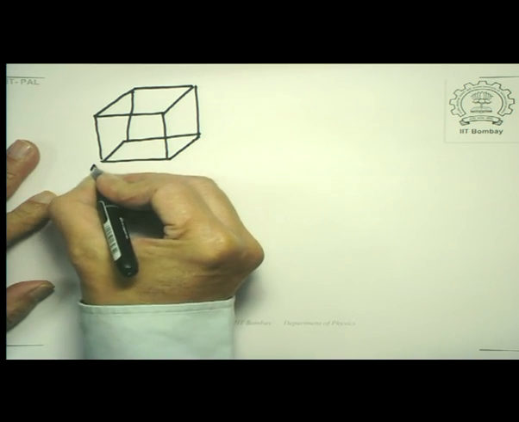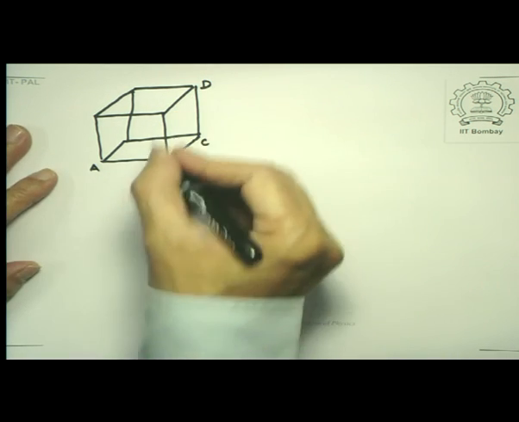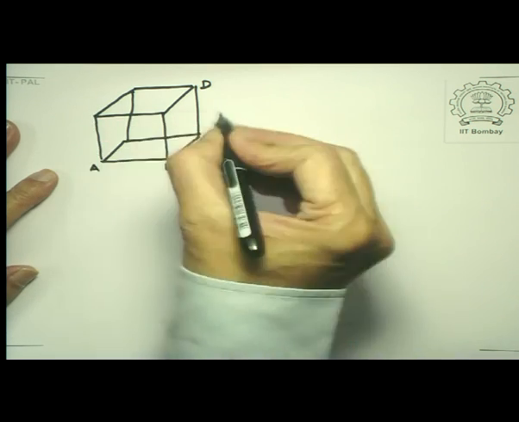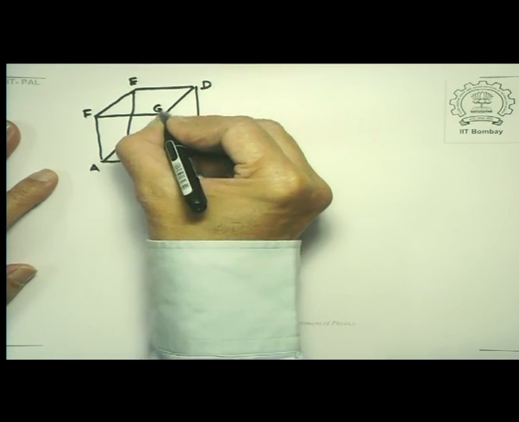So let's call it A, B, C, D. Let's call it E, F, G.